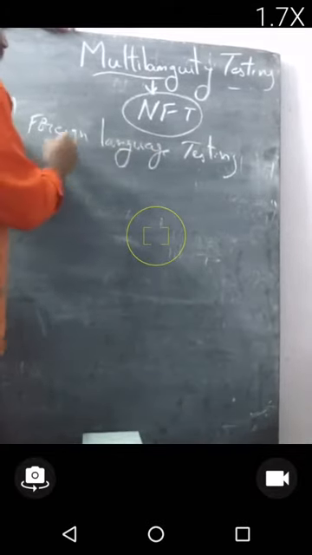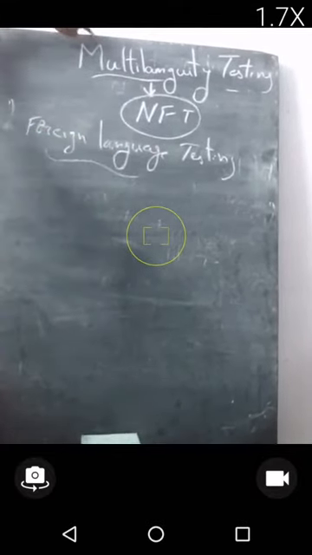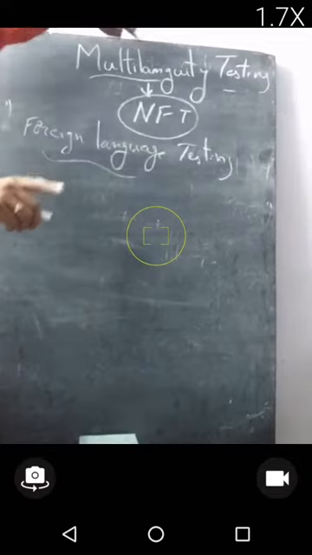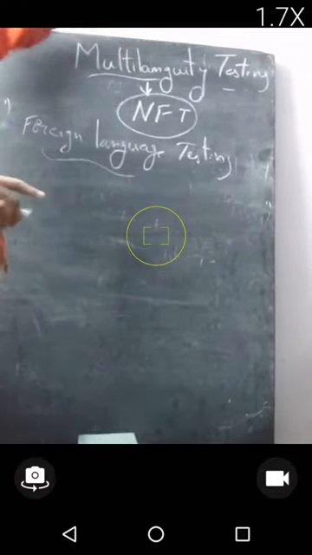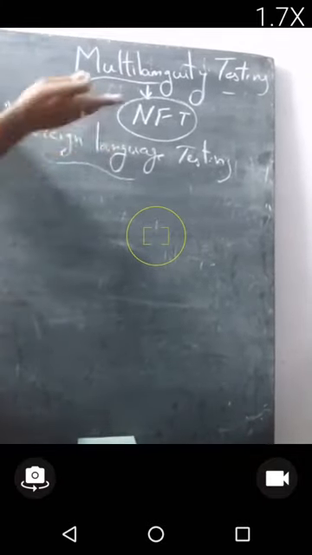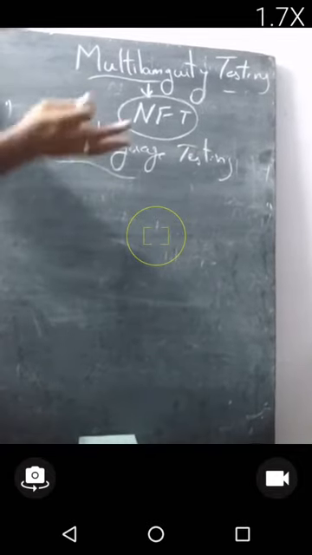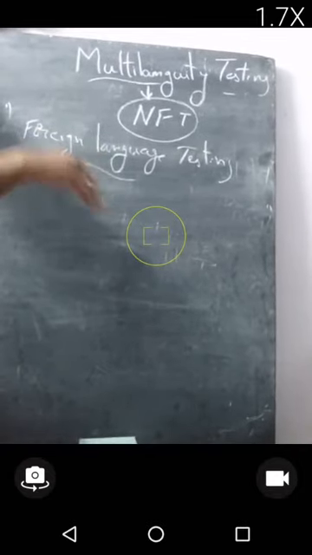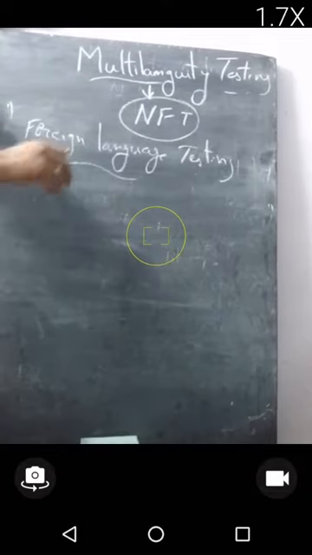Here, multi means more than one language, many languages, okay? Or you can see foreign languages means other than our language, other than the known language. Other languages are foreign languages.